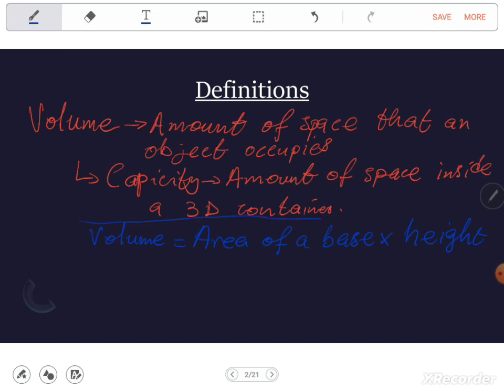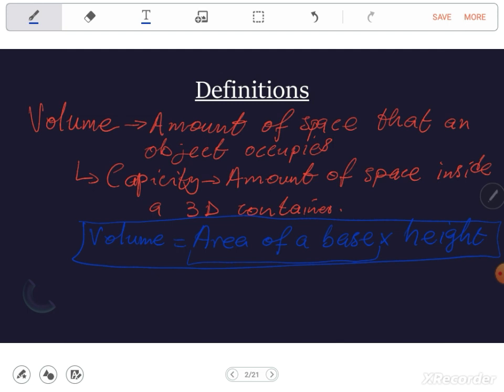So this is very important because every time we calculate for volume, we will see that there is some bits of the formula of area of a base in the calculation of the volume.